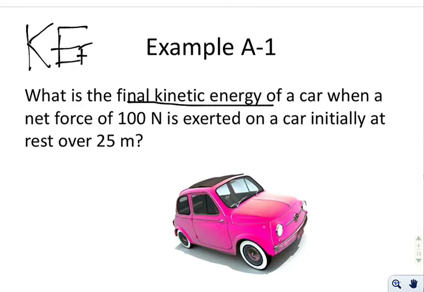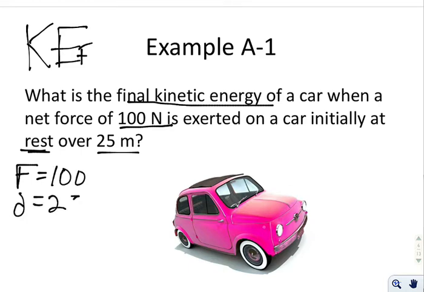We are given the net force. We are given the distance, and we're also actually given this right here, this rest term. So I could say the force is equal to 100 newtons. You could say that the distance was 25, and we are trying to solve for the final kinetic energy.